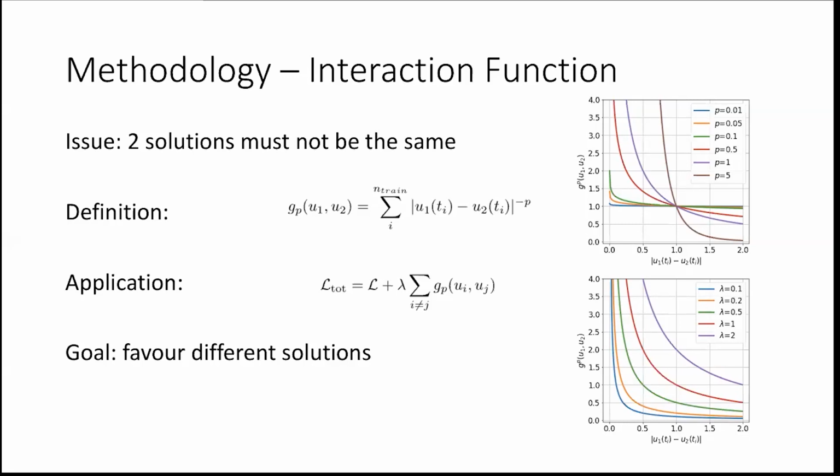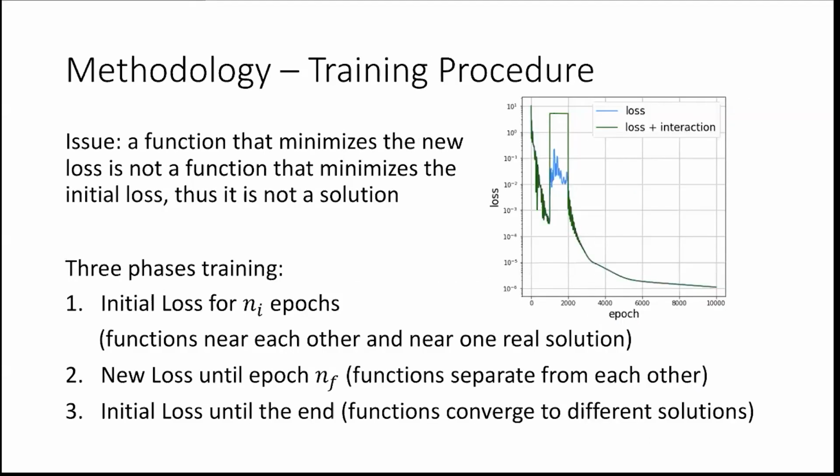So the higher lambda is, the more they will be separate, and it will be important that they are separate and not that they solve the initial condition, but it will be just for a number of epochs in the middle of the second training phase.